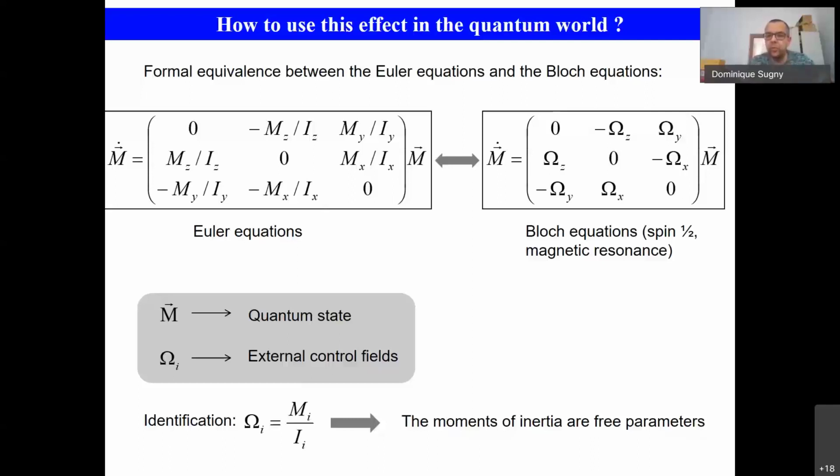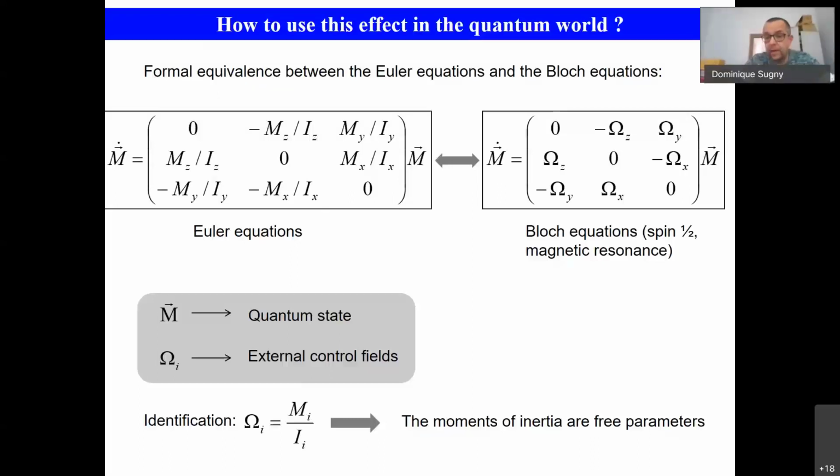So from a mathematical point of view, they will have exactly the same trajectory. So we propose to use the tennis racket effect in the quantum world to control the qubits by using this equivalence.